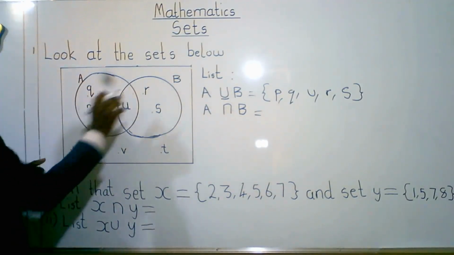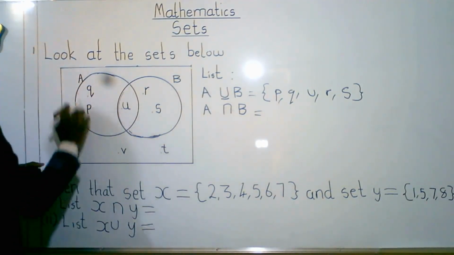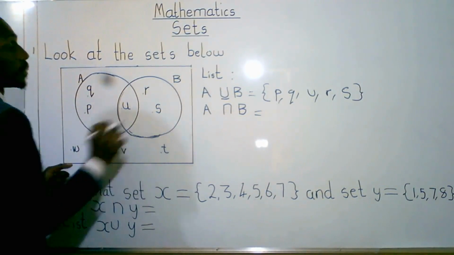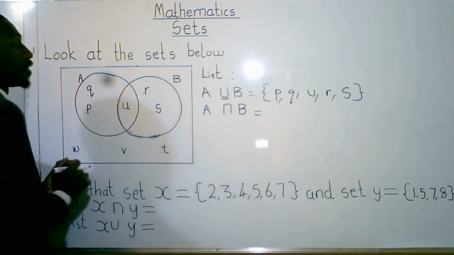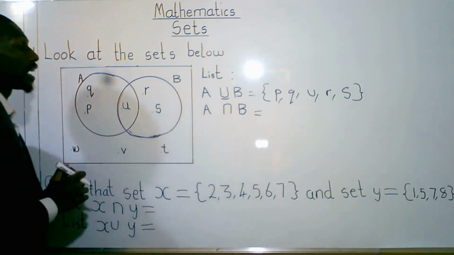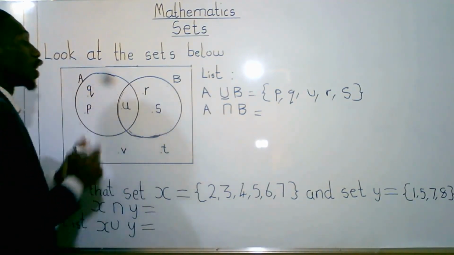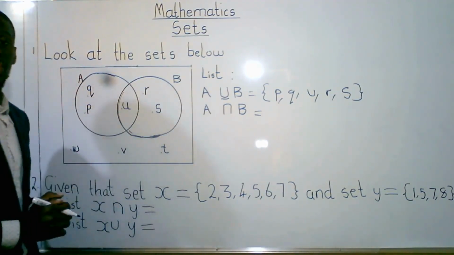Is Q shared with B? No. In set A we've got P, in set B we don't have P. In set B we've got R, in set A we don't have it. In set B we've got S, in set A we don't have it. So these are not forming the intersection.